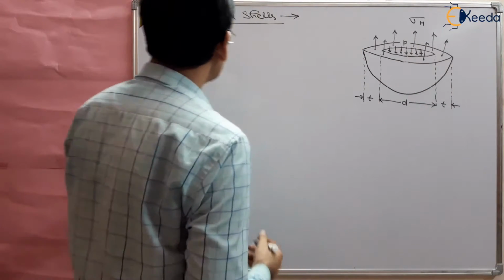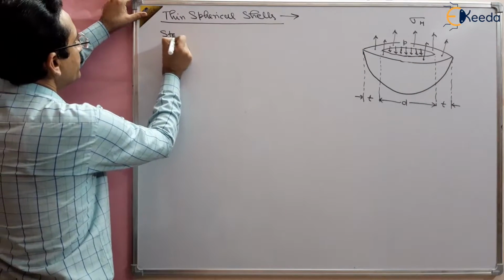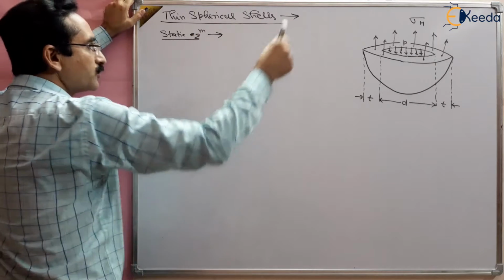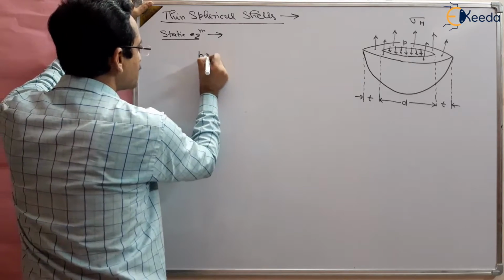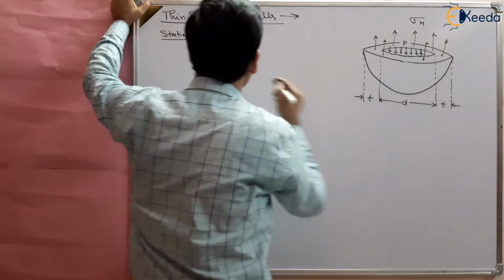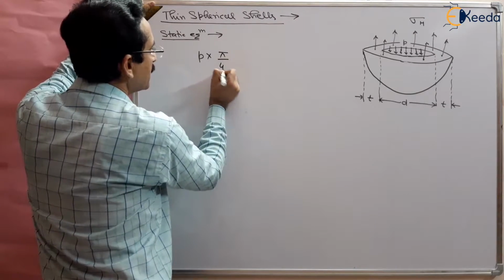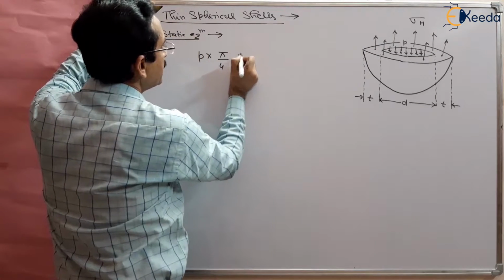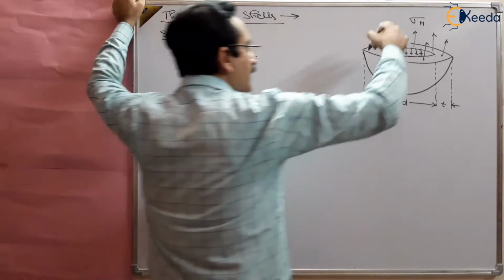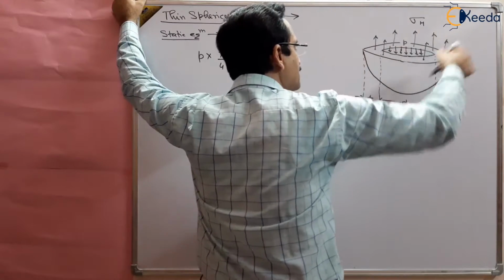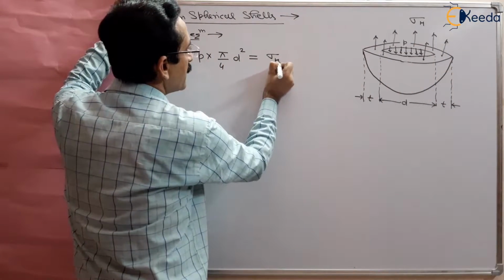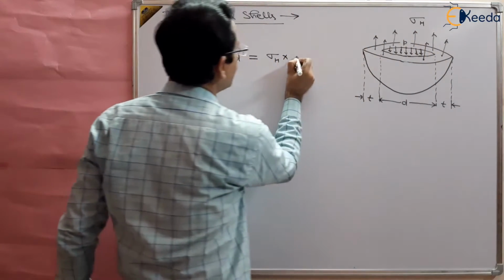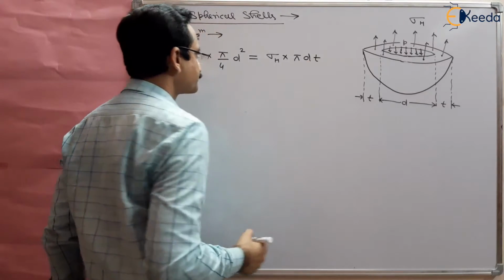So for static equilibrium, the force due to pressure, pressure multiplied by the projected area of the sphere when seen from the top view, that is pi by 4 d square, should be equal to sigma h multiplied by the area of this ring, circumference pi d multiplied by t, pi d t.